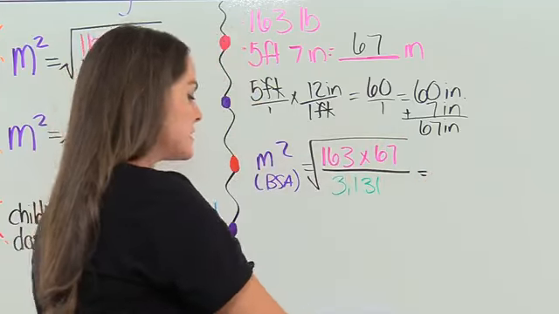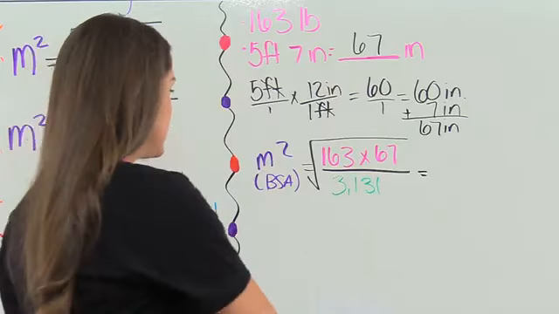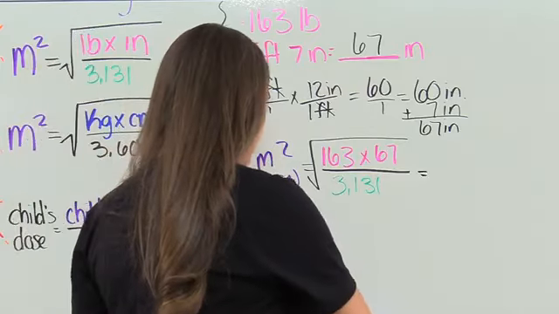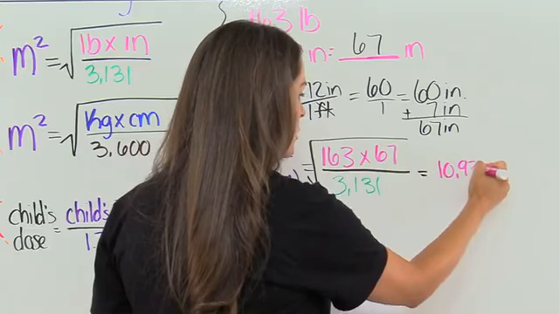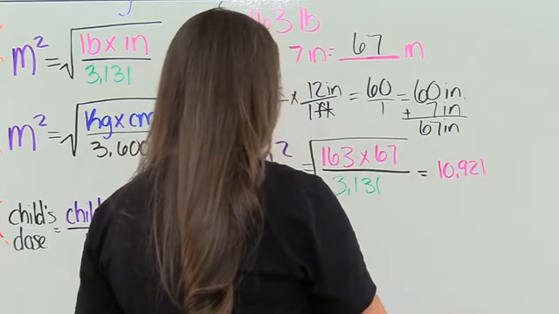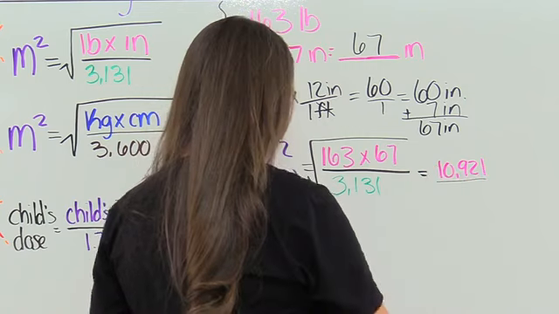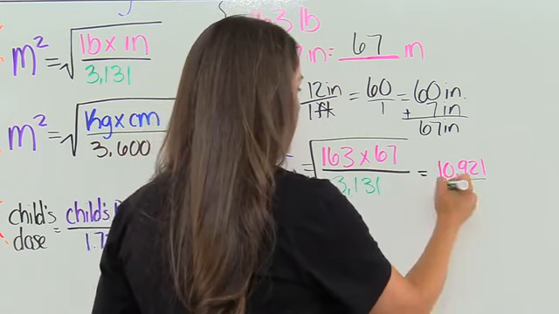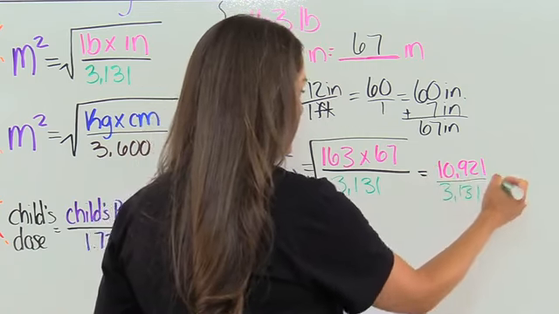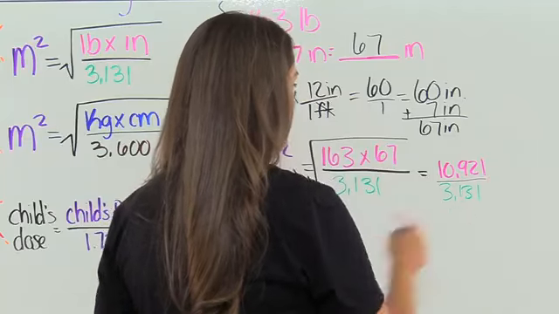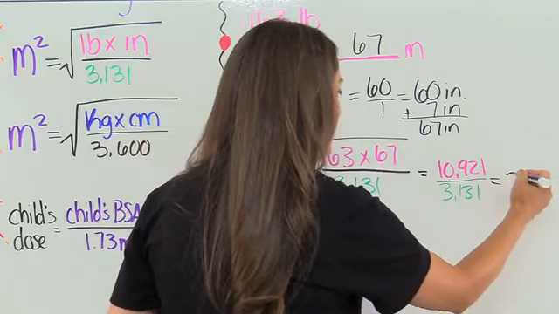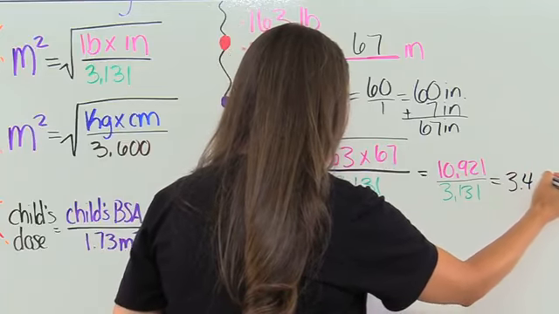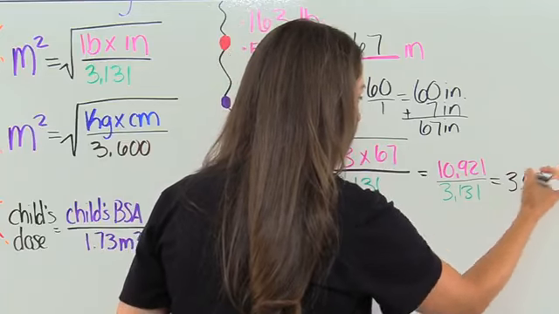So 163 times 67 gives us 10,921. And then we're going to divide that by 3,131. And whenever we do that, we get 3.4880.